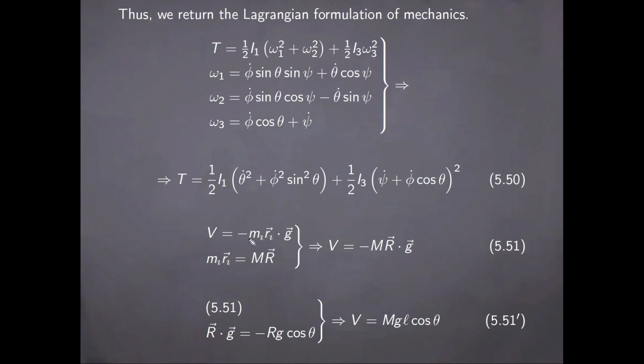But the sum that is implicit here simply amounts to the total mass of the body times the coordinates of the center of mass. So the total potential energy is just this dot product involving the radius vector of the center of mass and the gravitational acceleration.